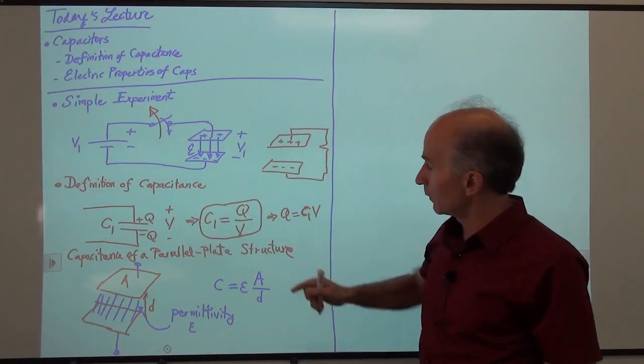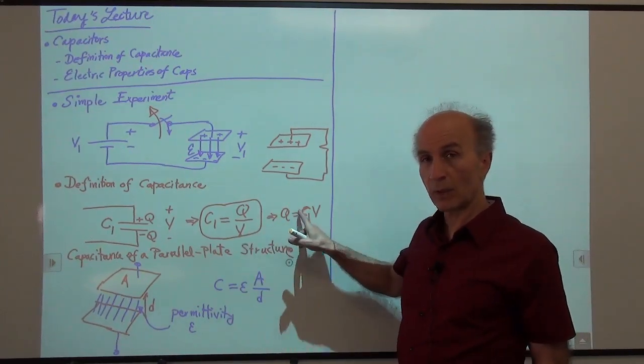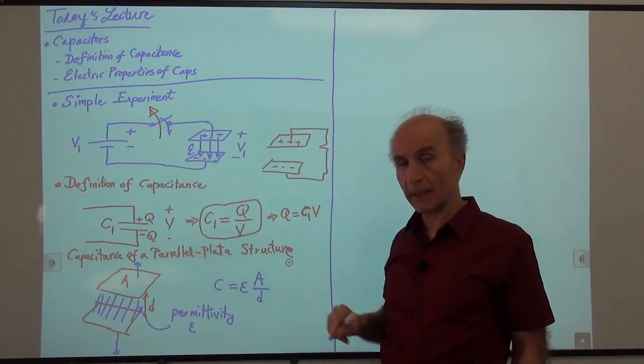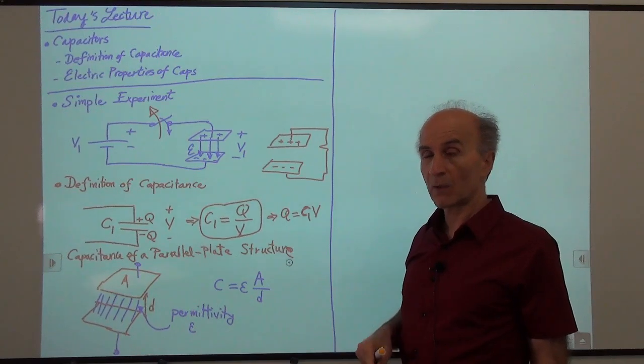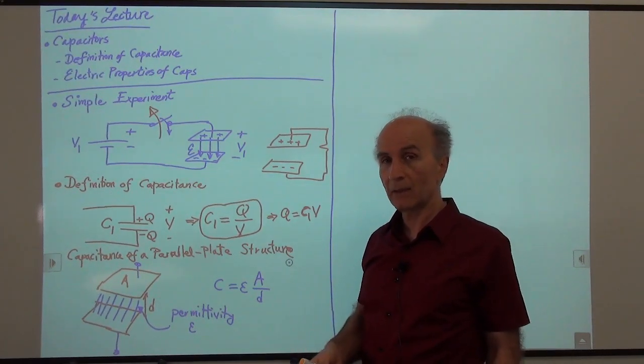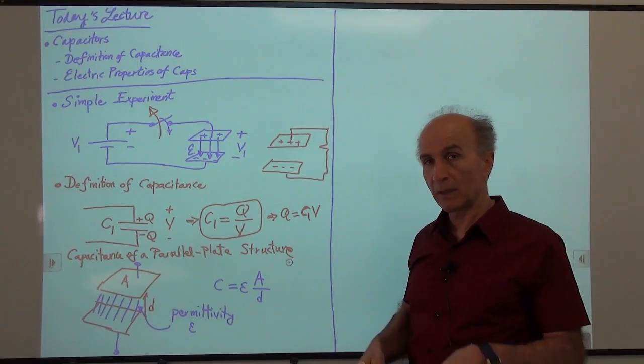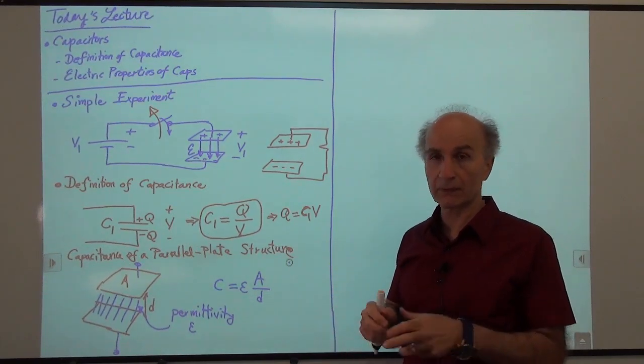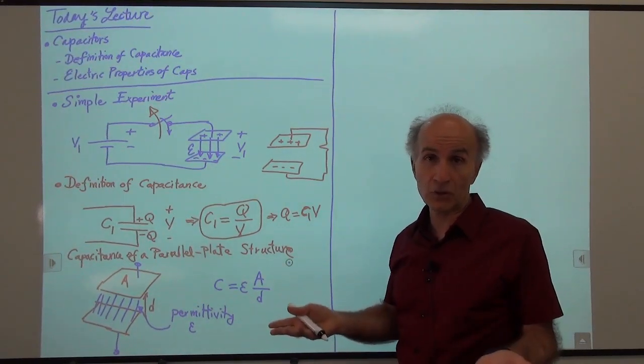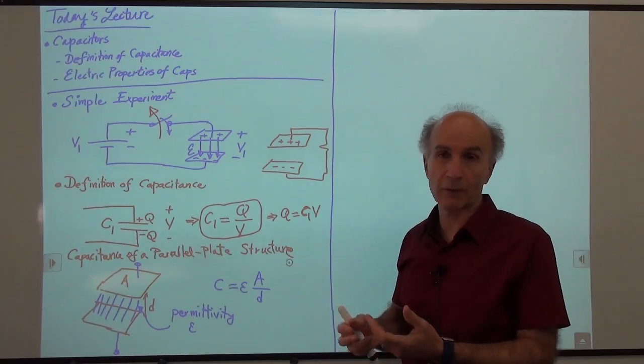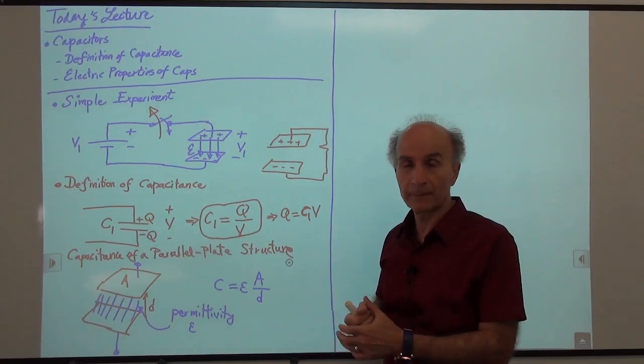Now, with this definition of capacitance, this equation that governs the behavior of a capacitor, we can also go ahead and calculate the relationship between the voltage and the current of capacitors. That's essential for circuit analysis, because most often we are interested in currents and voltages.